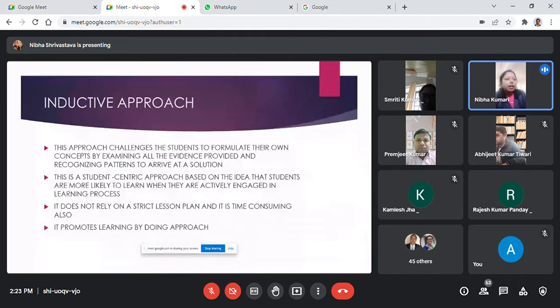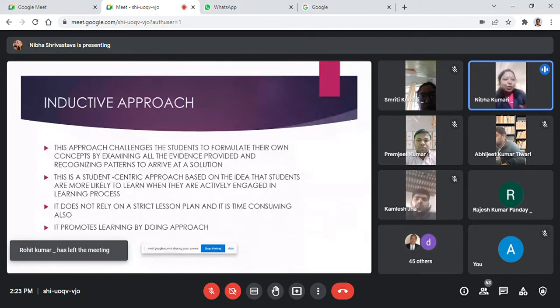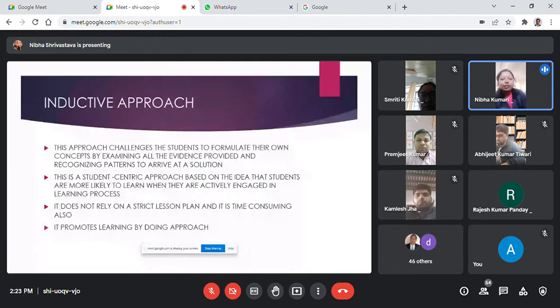It does not rely on strict lesson plans, and it is time-consuming also. In schools there is a time constraint, so the inductive approach is quite time-taking and difficult to plan in the classroom. But we can combine both inductive and deductive approaches simultaneously to get a good result.